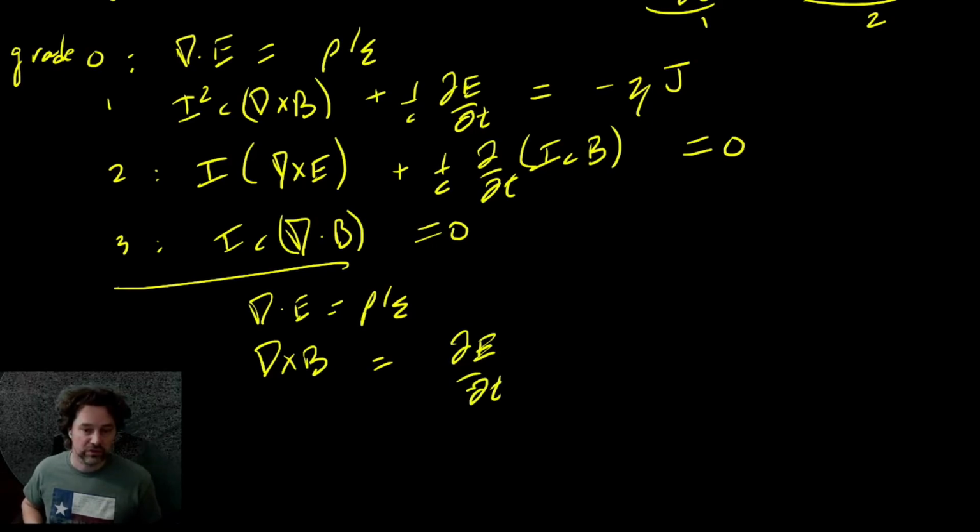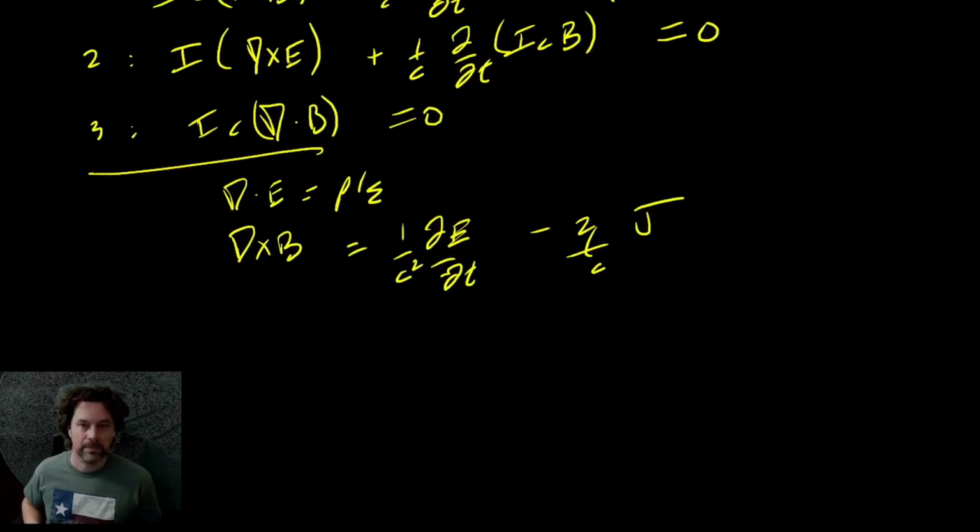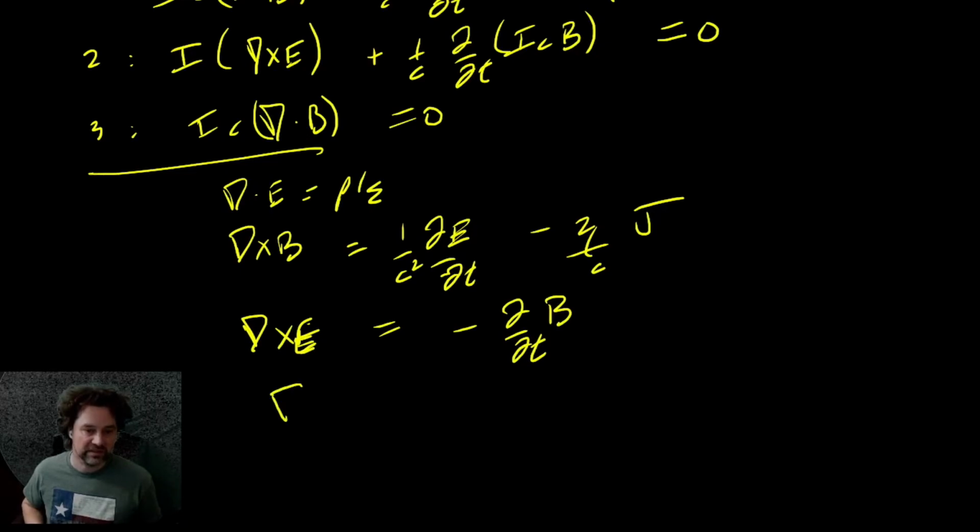And we want 1 over c squared, minus eta over c J. And in this equation, we will just cancel our i's. So we're left with grad cross E equals minus d/dt B. And finally, canceling the IC, we have grad dot B equals 0.